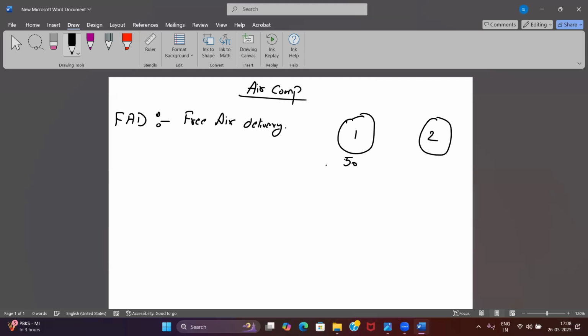So the pressure P1 that it can produce is 50 bar. Then the volume: suppose it can give 35 meter cube. If I take the temperature at the end of compression, it is around 110 degrees Celsius.